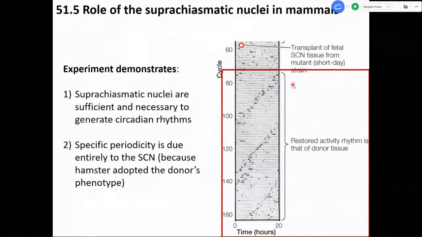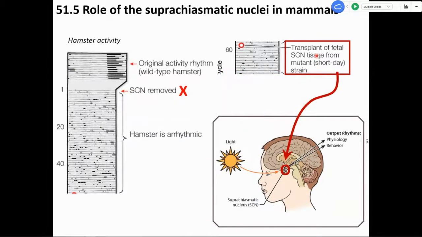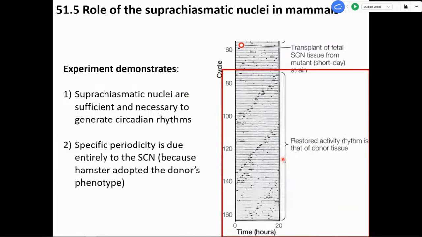It took on the behavior of the mutant strain. It was a restored activity as that of the donor tissue. They had this short day strain and it restored that. So that demonstrates very clearly that the suprachiasmatic nuclei is involved in the control of that behavior.